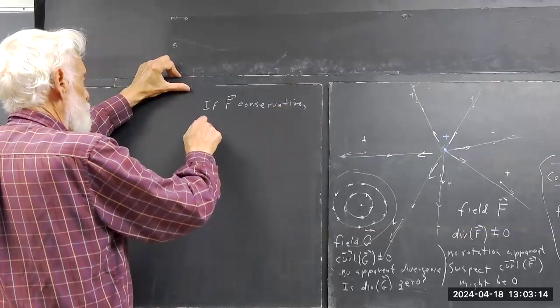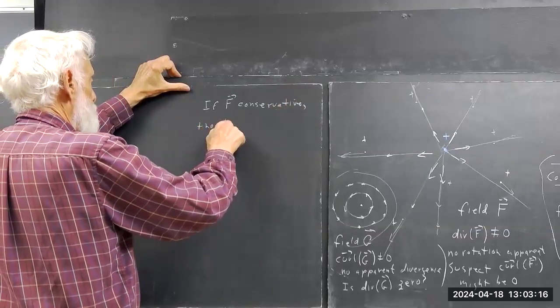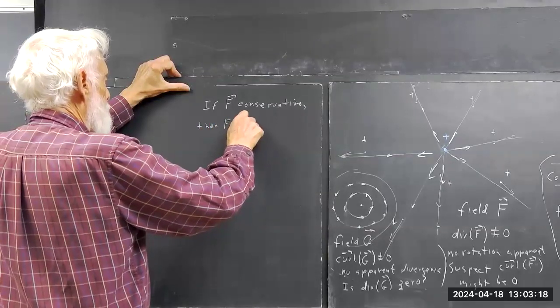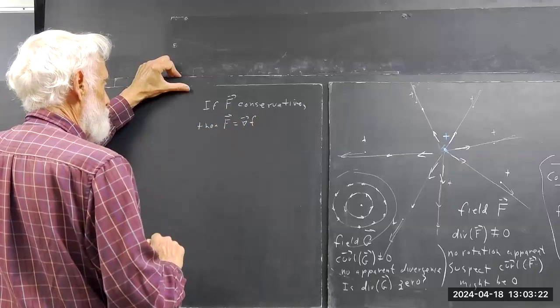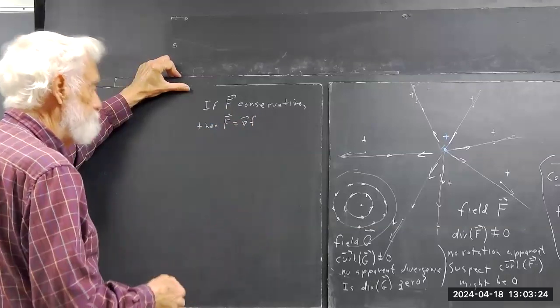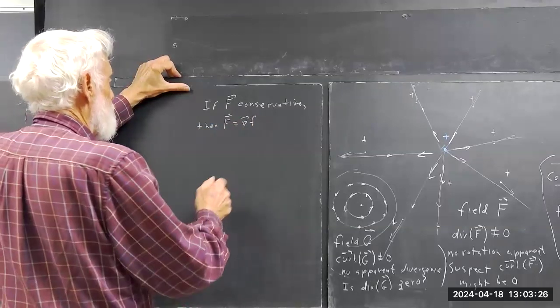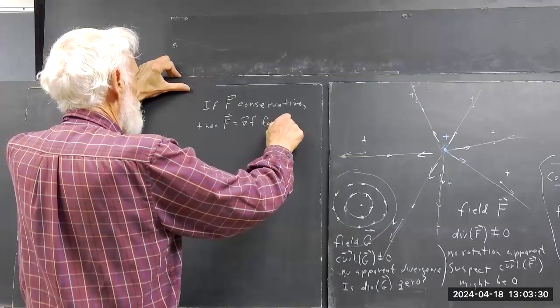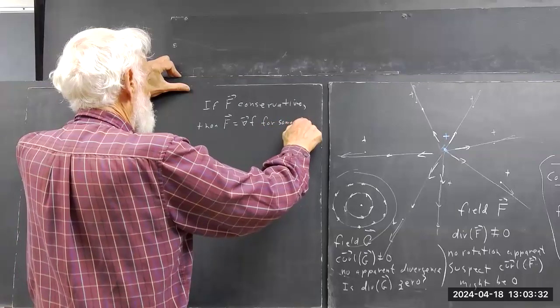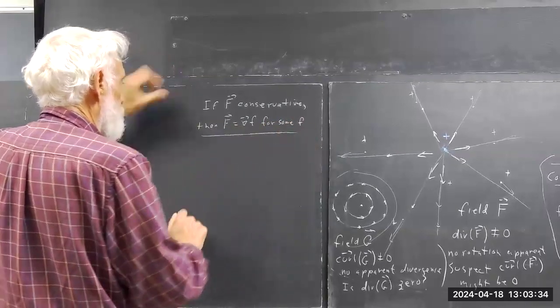That is conservative. F equals del f. We're talking about what's called the potential.